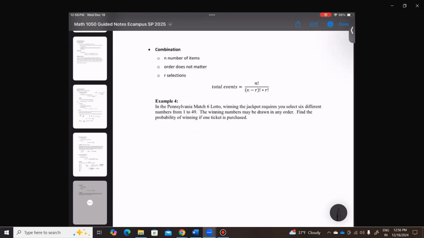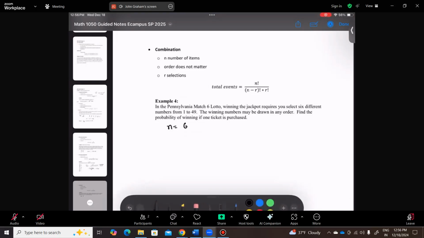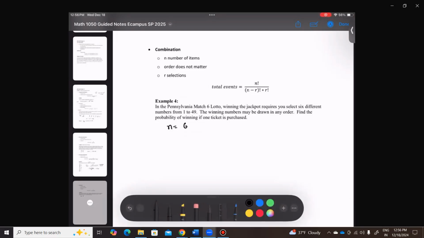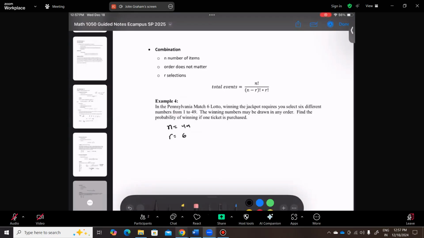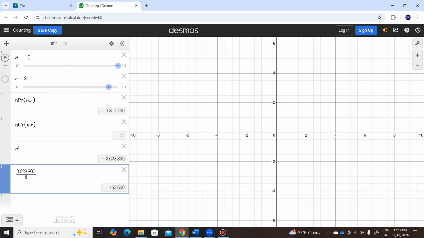I'm sorry, n goes from 1 to 49. So this number selection is 6. N is 49. R is 6. All right, so we have a calculator for that as well.